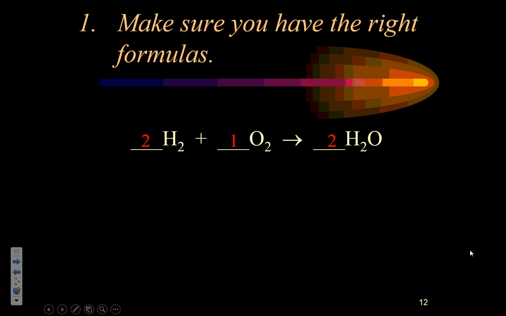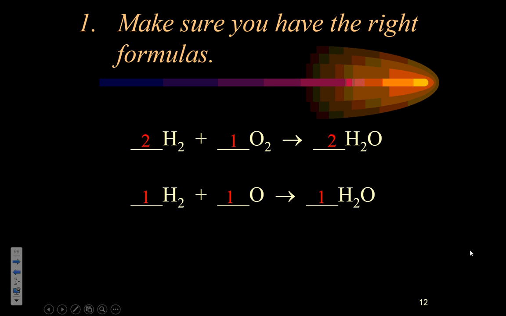We bounce back and forth, putting numbers in front until the numbers of each type of atom are equal on both sides. And you need to understand that if I started with the wrong formulas, there's no way I'm getting a 2 to 1 to 2 balanced equation. So if I wrote down oxygen as O, it's going to look like a 1 to 1 to 1 balanced equation. But I guarantee in the real world, if you make water through this reaction, you're going to need twice as much hydrogen as oxygen, and you're going to make the same amount of water that you used up hydrogen, and you will make twice as much water than you had oxygen.